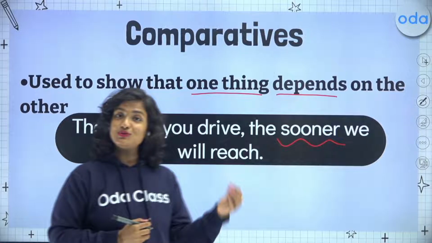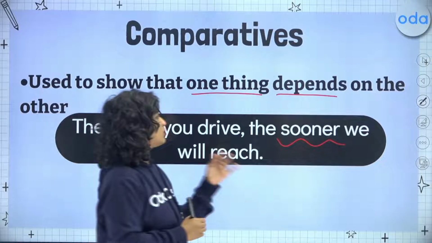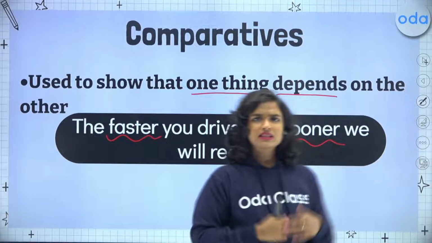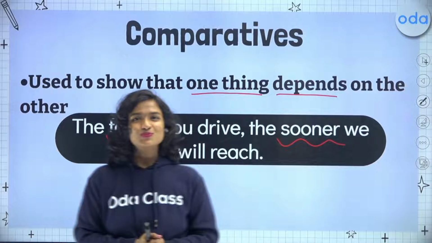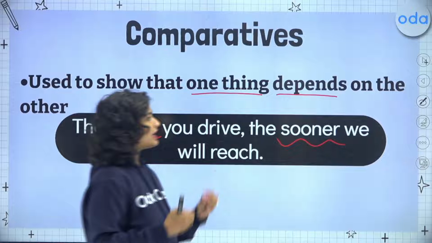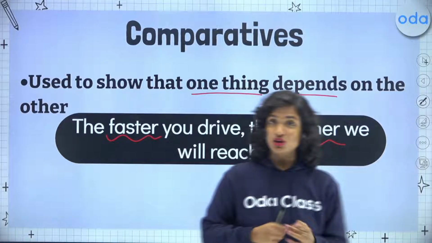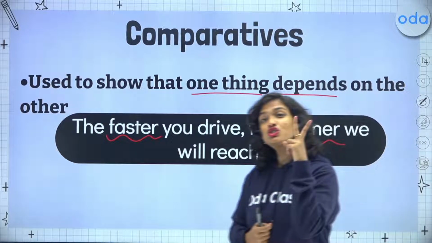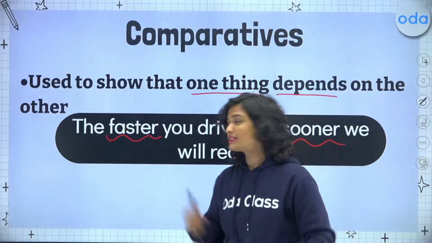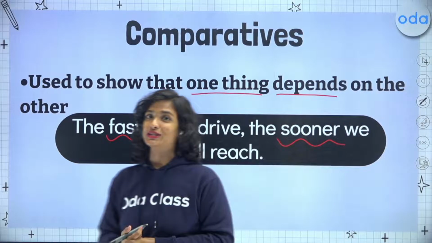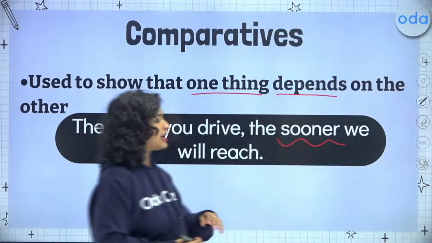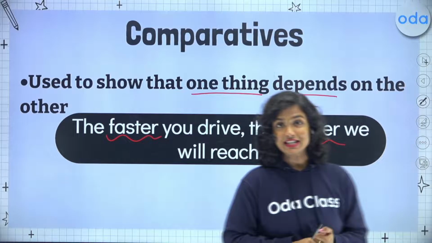The more you study, the higher marks you will score. So once again, when we are trying to show that one thing depends on the other, we can use 2 comparatives in our sentence to emphasize the dependency of these two things. So the faster you drive, the sooner we will reach.